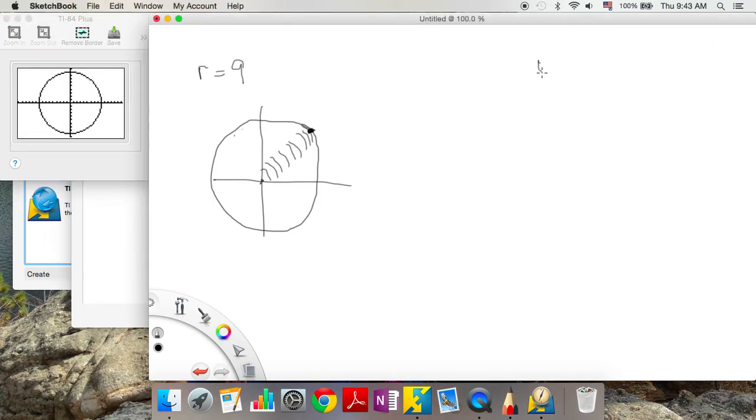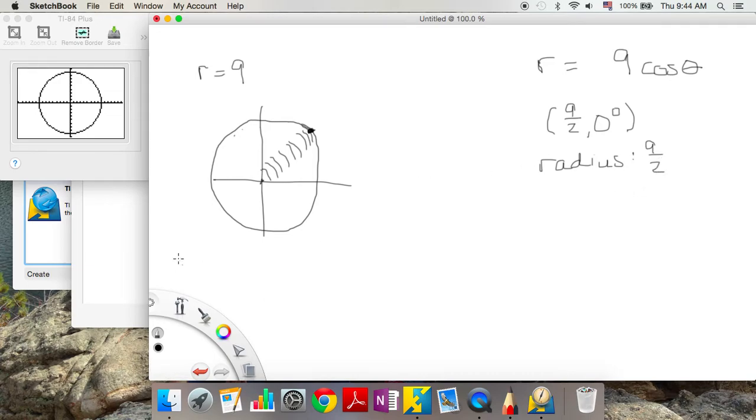Now, what if we have r equals 9 times the cosine of theta? Well, if you look at your chart, you'll see that this is also a circle, but the circle for this one is centered at half of this one, so 9 halves, comma, 0 degrees, and its radius is half of that, 9 halves.